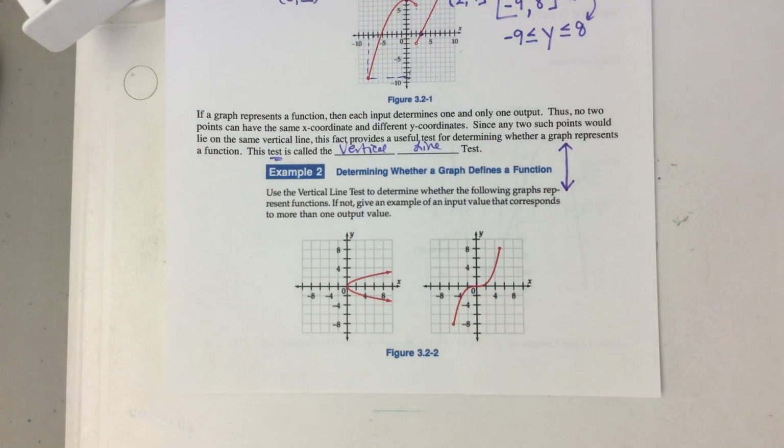The way that the vertical line test works is you draw vertical lines throughout the function. If your vertical lines touch the function at only one place, then you know that it's a function. But if you have a vertical line that ever touches that graph at more than one location, then it does not pass the vertical line test. So no, it is not a function.